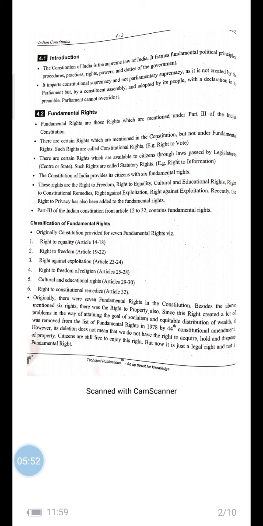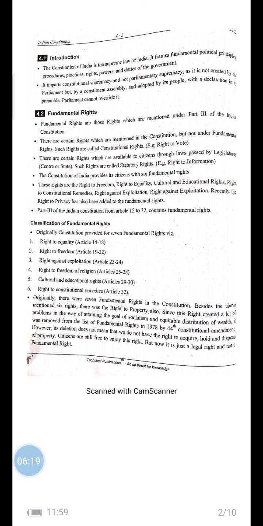Originally, there were 7 fundamental rights in the Constitution besides the above-mentioned 6 rights. There was also the right to property. Since this right created a lot of problems in the way of attaining the goal of socialism and the equitable distribution of wealth, it was removed from the list of fundamental rights in 1978 by the 44th constitutional amendment.